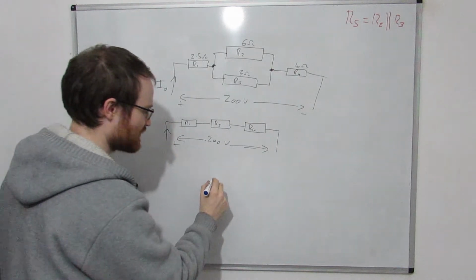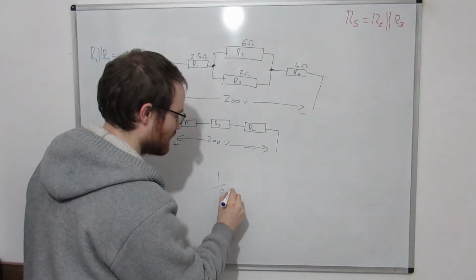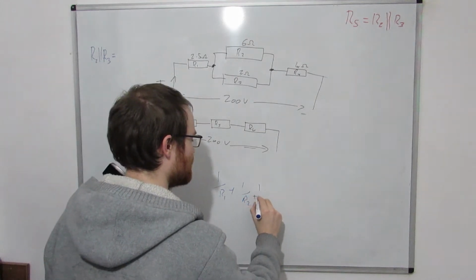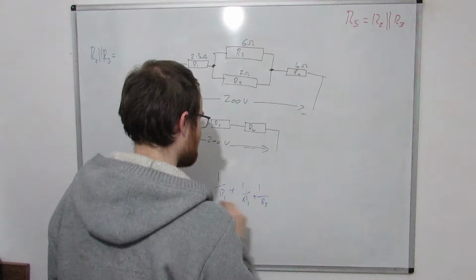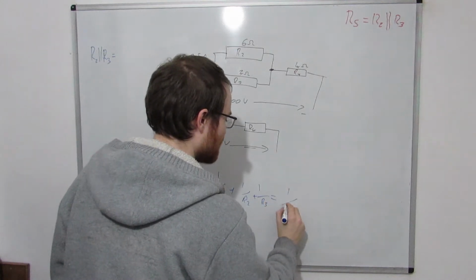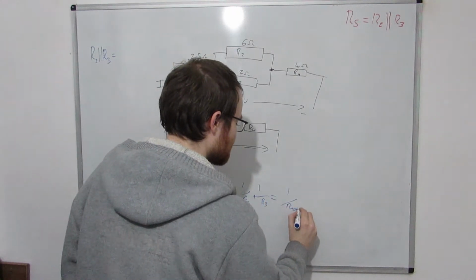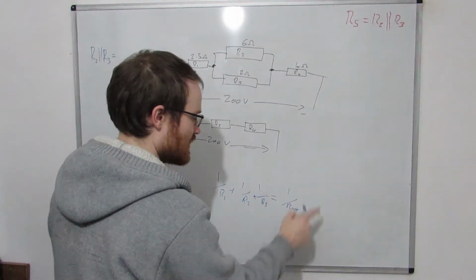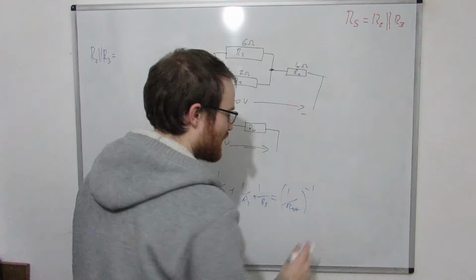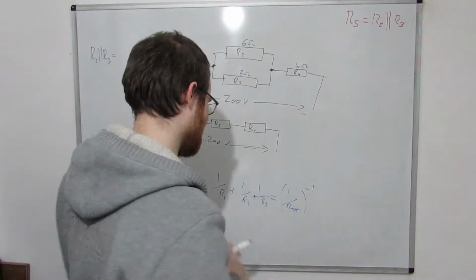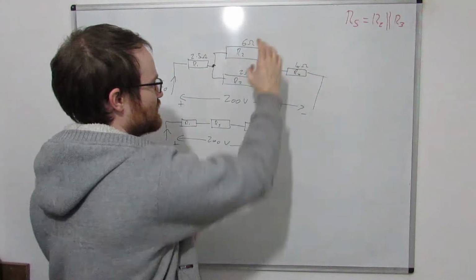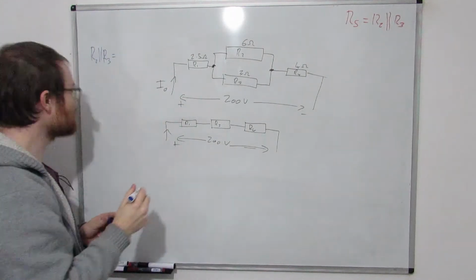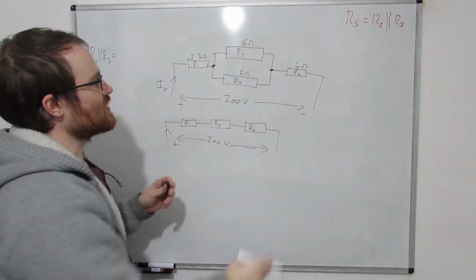If you have more, then you have to add 1 over R1 plus 1 over R2 plus 1 over R3, and that gives you 1 over the total resistance. So if you did this in a calculator, you do this, and then you get your answer, and you put it to the power of -1, which is just a button on your calculator that you can press. But usually we try and get it so that there's 2 in parallel. We've got R2 and R3, so that's just going to be the product over the sum.